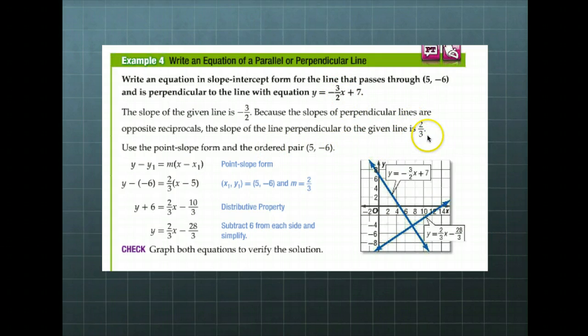So we've got the new slope, and we can just substitute that in for m, and we're given the point (5, -6), and just substitute that in. Then we can graph both equations to verify that our solution is correct. So we can see that these do intersect each other at a 90-degree angle.